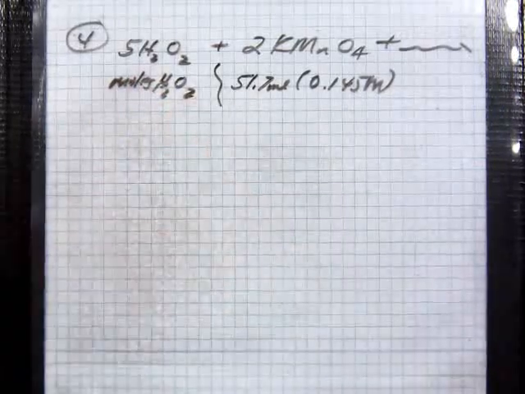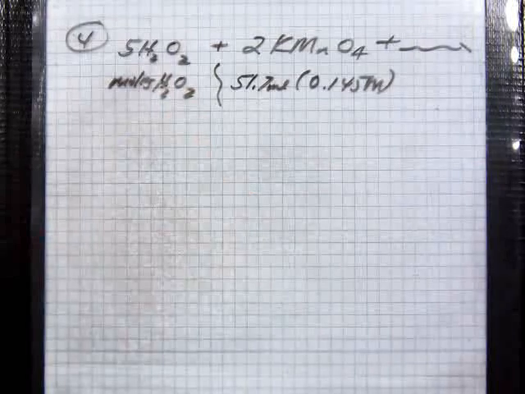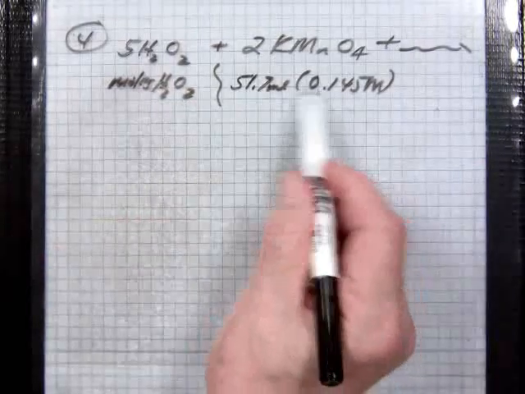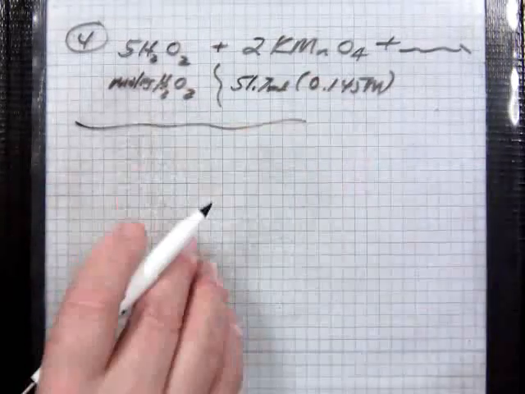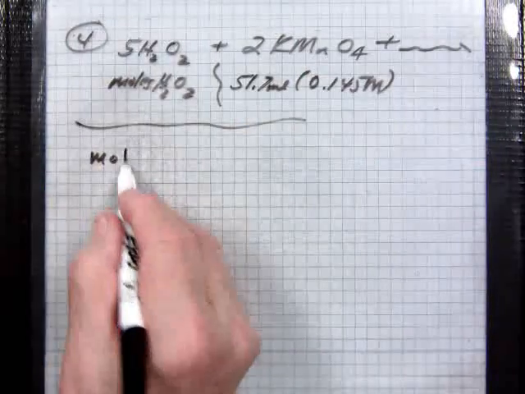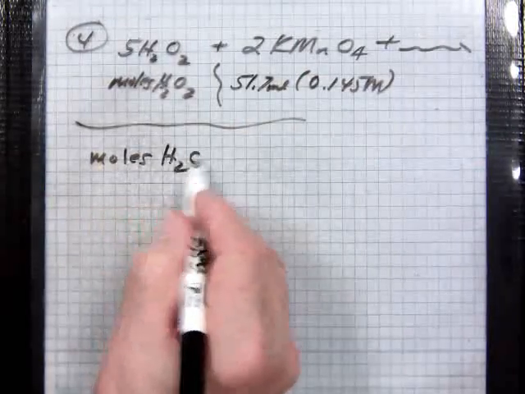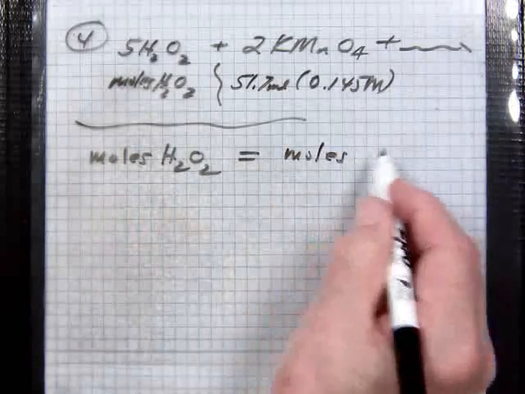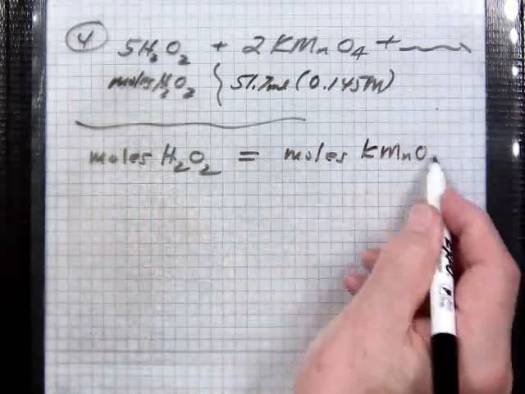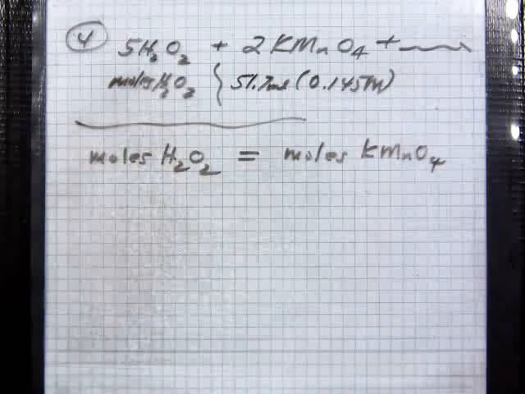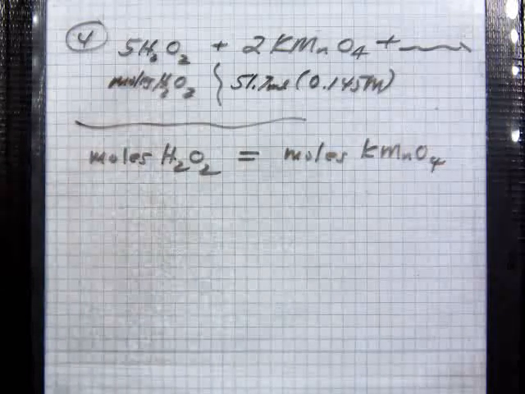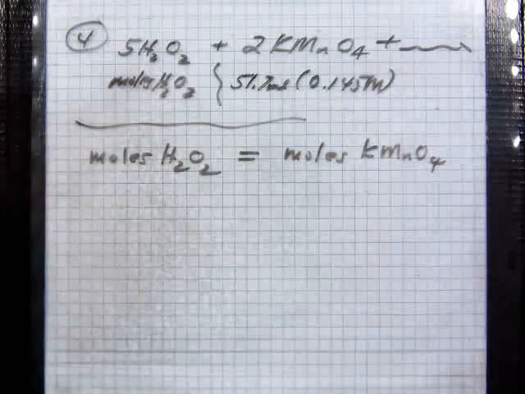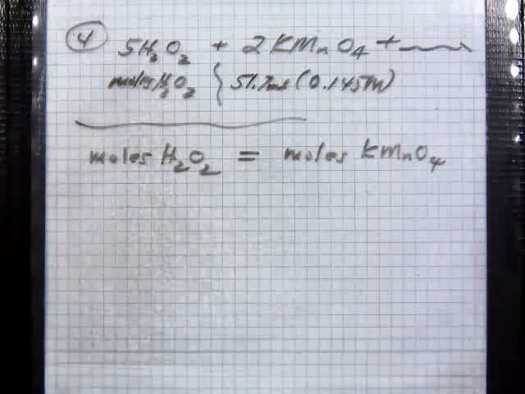I want moles of H2O2 equal to the moles of the KMnO4. Every problem I started, I balanced the thing, then I took moles of one reagent equals the moles of the other. And then I made the statement: is this true or not true? Can I write that?